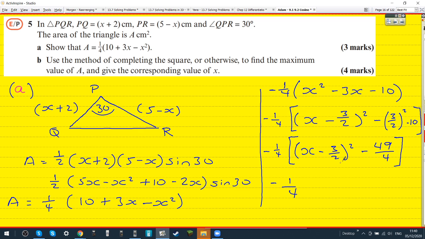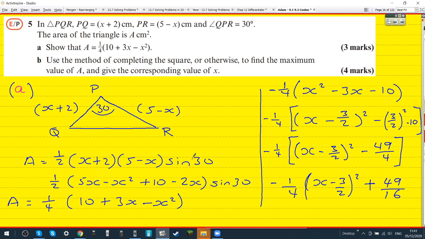Because of BIDMAS, you would have to square out the bracket before you can multiply by minus a quarter. And so you can just leave the minus a quarter at the front of the bracket, like that. Okay, the last number becomes 49 over 16. Yeah. Plus or minus? But it still stays minus. Minus times minus. Oh, plus.